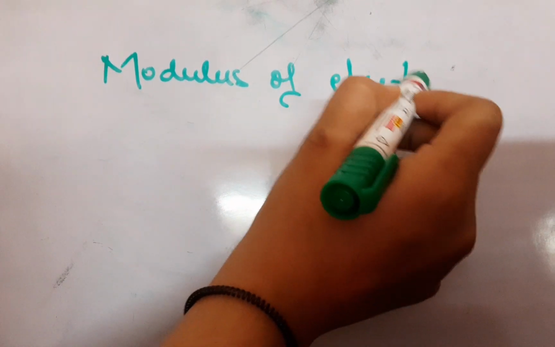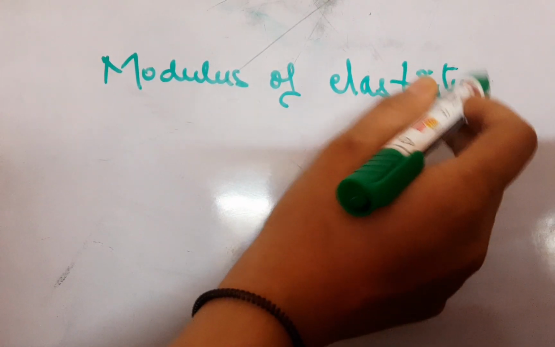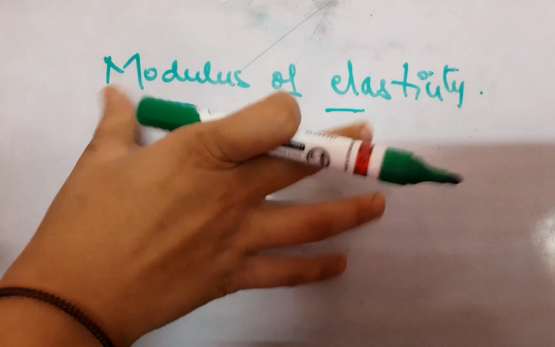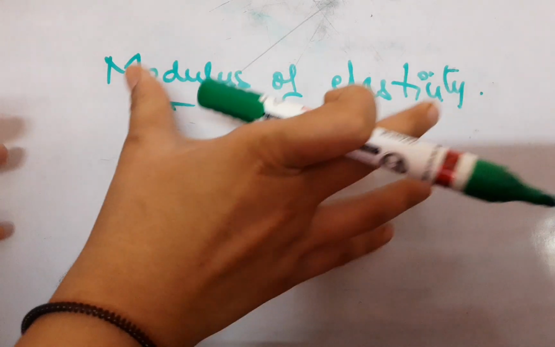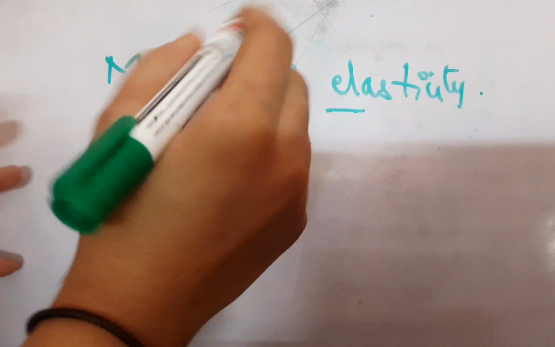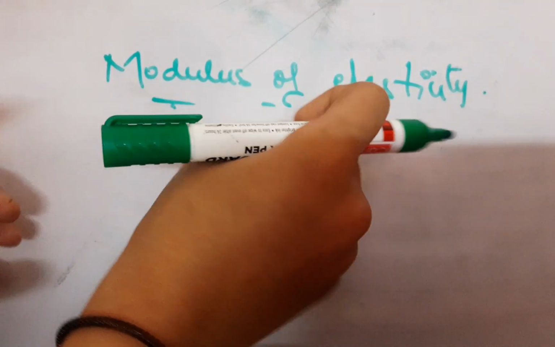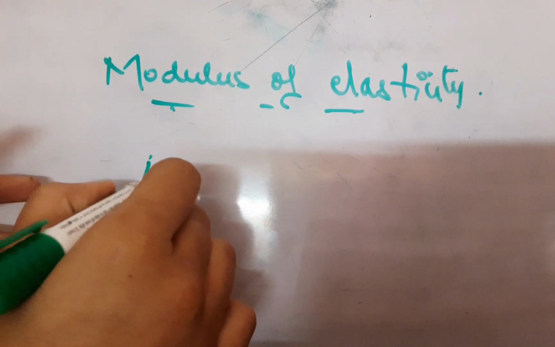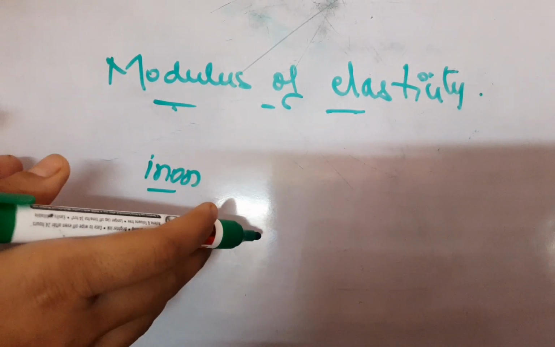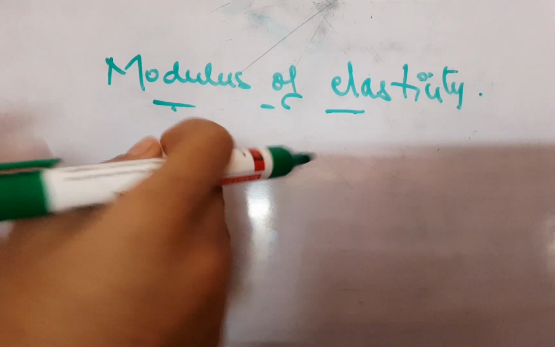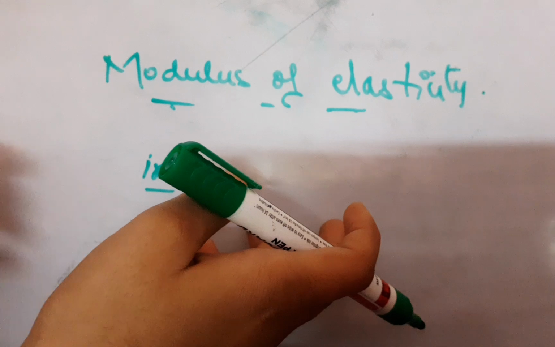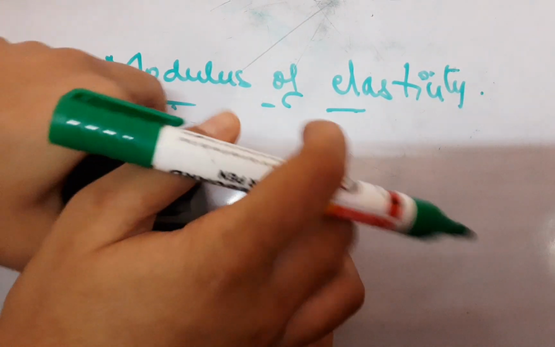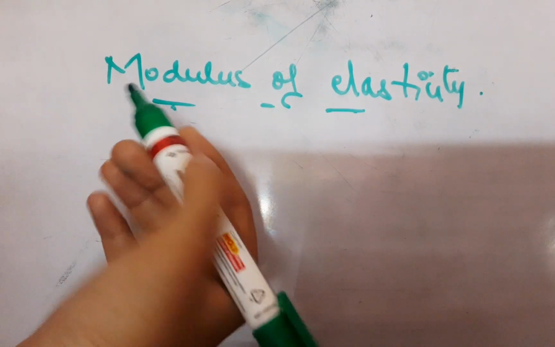Okay, modulus of elasticity. This modulus of elasticity is confined to a particular type of object. For example, iron will have its own modulus of elasticity, steel will have a different modulus of elasticity. It depends upon the type of solid object you take.